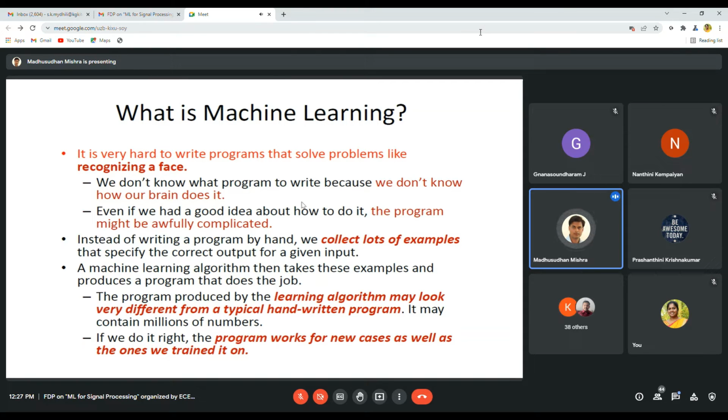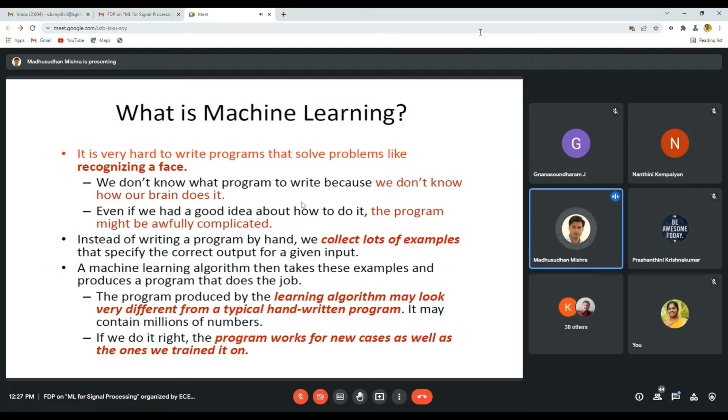We don't know what program to write because we don't know how our brain works. Even if we have a good idea about how to do it, the program might be awfully complicated. So because it will be really very complicated, instead of writing a program by hand, we collect lots of examples that specify the correct output for a given input.